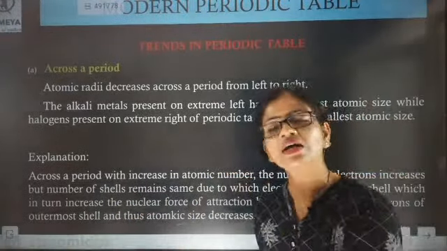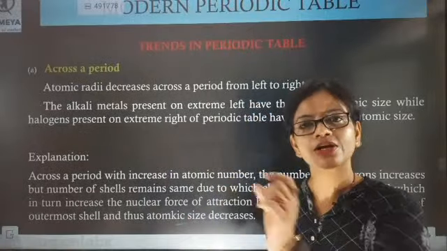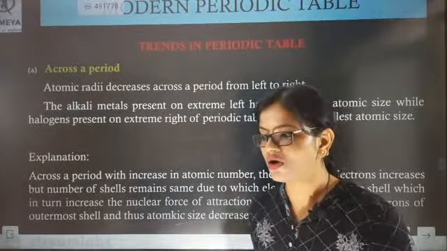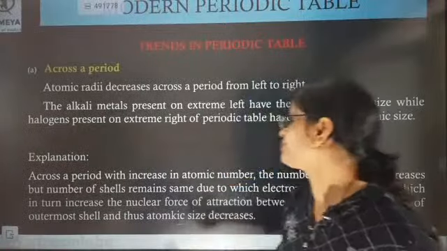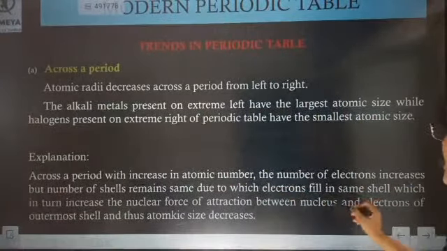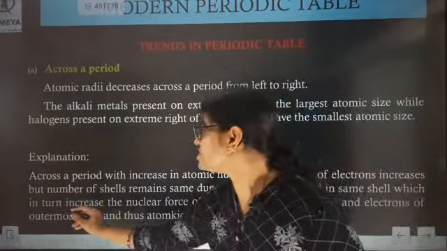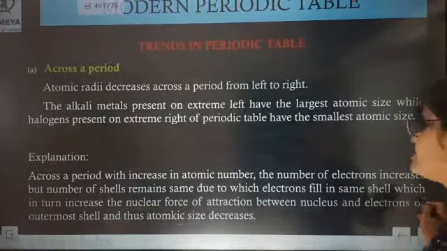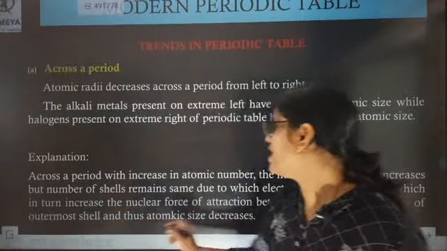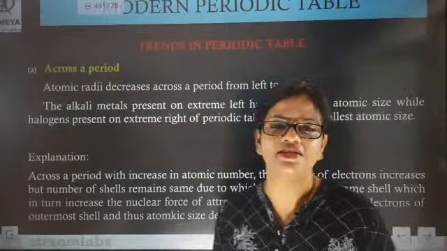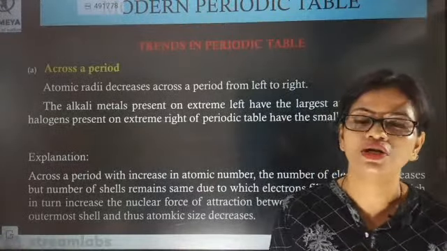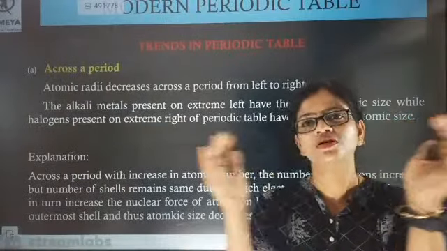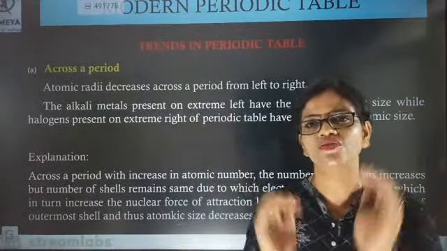That is, as I told, the second shell electron numbers keep on increasing, so the electrons fill in the same shell, which in turn increases the nuclear force of attraction between the nucleus and the electrons of the outermost shell, and thus atomic size decreases. That is the reason I also told that the attractive force between the electrons and the nucleus increases, which will shrink the size of the atom.